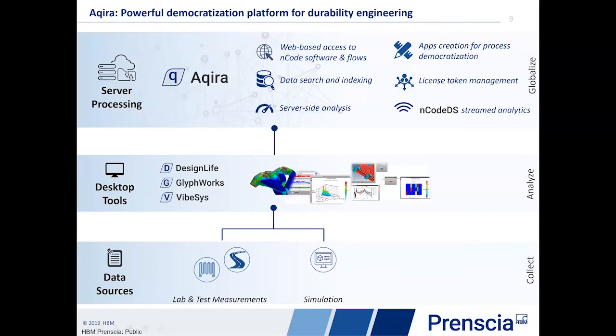We'll see in the next slide in practice what an app is and its benefits. You've got data search and indexing now in Akira 2019, which can be very interesting for a company sharing data. And of course, a server is typically more powerful than your local machine, so you can take advantage of the server-side power for your analysis.